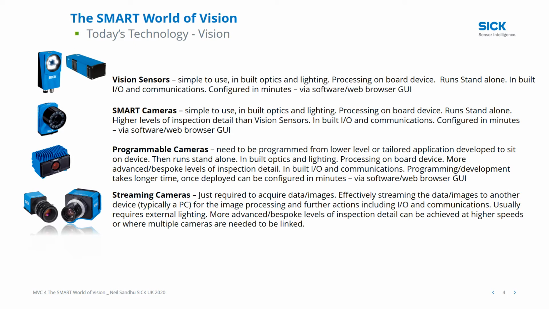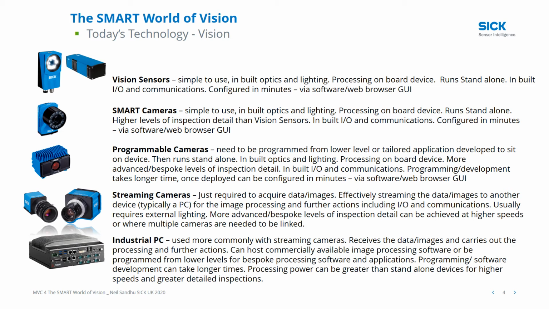So typically higher levels of inspection, higher speeds, or multiple cameras, if you have an application that needs multiple cameras to take images of a wide area or different parts of an inspection process, then they really lend themselves to this streaming camera to PC processing type system. And of course, an industrial PC is usually used in conjunction with the streaming cameras to handle all the processing.